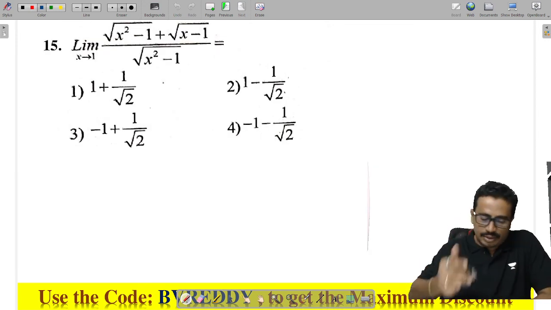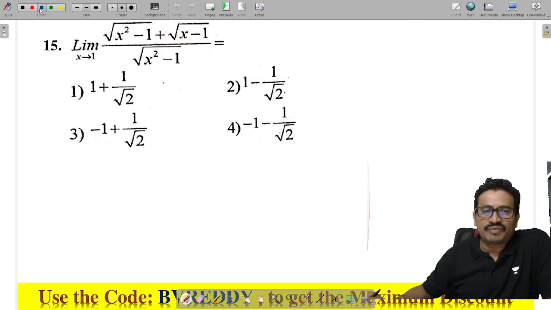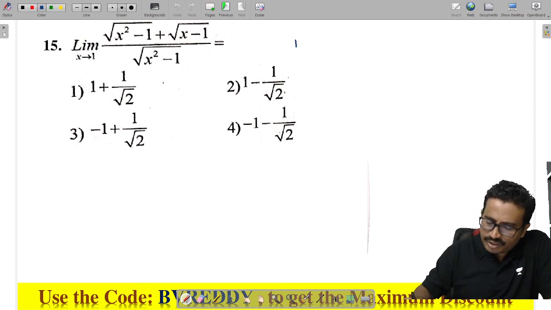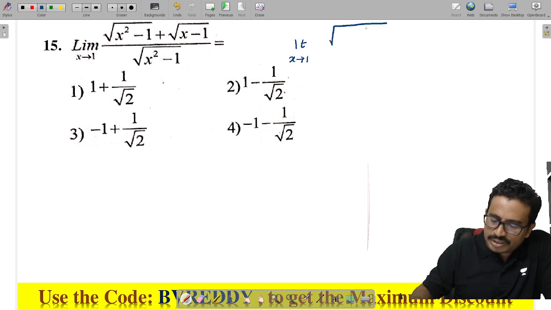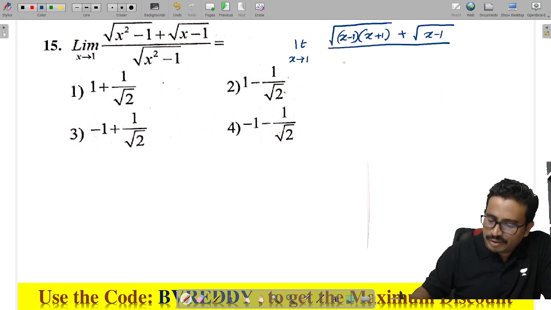Next. Now you see this problem. If I substitute the values directly, we will get 0 by 0 form. So let us simplify this equation a little further. x tends to 1, which we can write as square root of x minus 1 into (x plus 1). I can rewrite this as (x plus 1 plus square root of x minus 1) by (square root of x minus 1 into x plus 1).